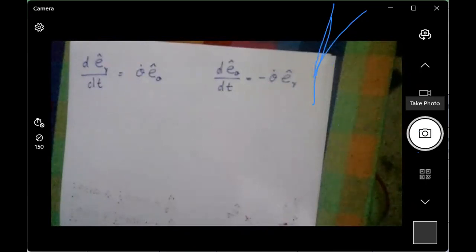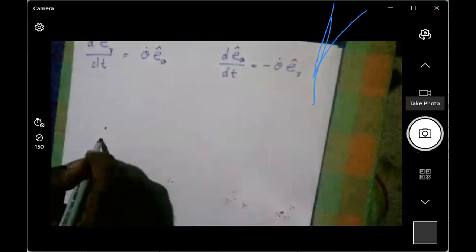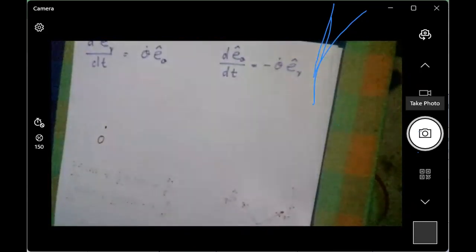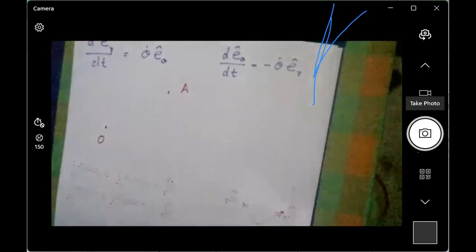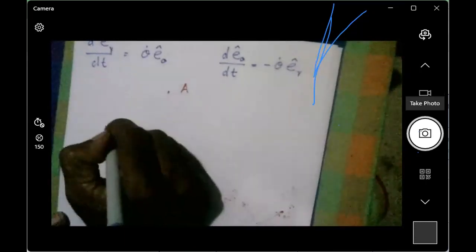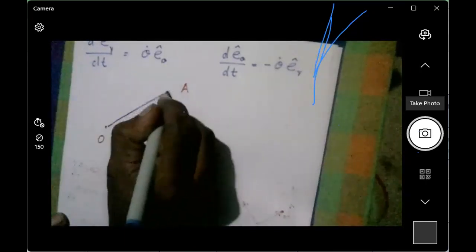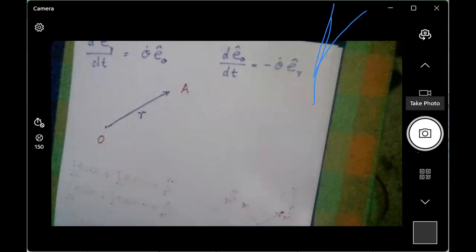Okay. Now let's go to our particle. So this is the origin, right? And the particle is at this point, point A, right? The distance from O to A is r. Now what is the position vector of the particle A?